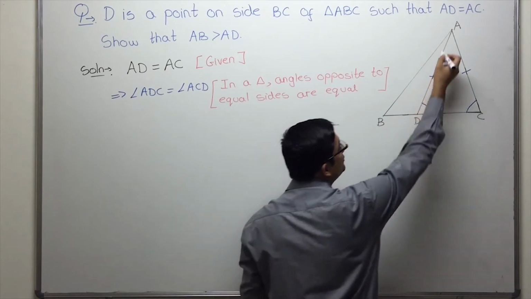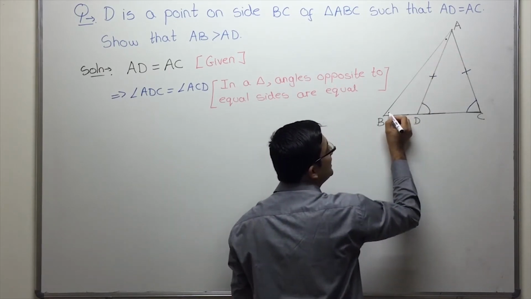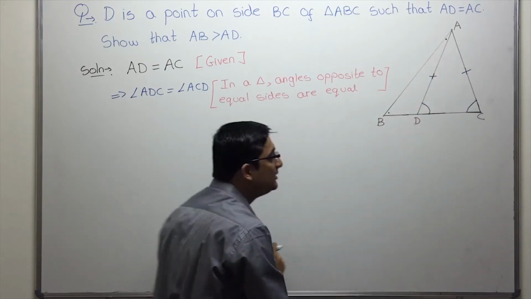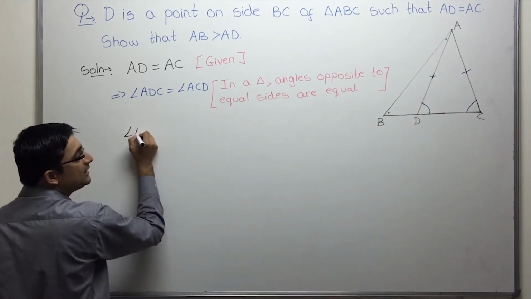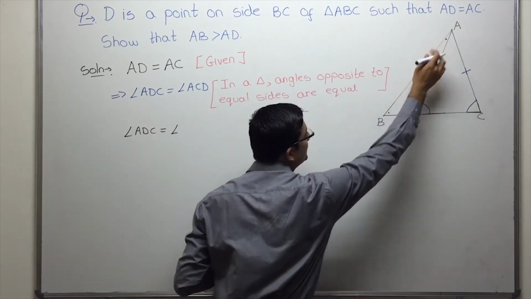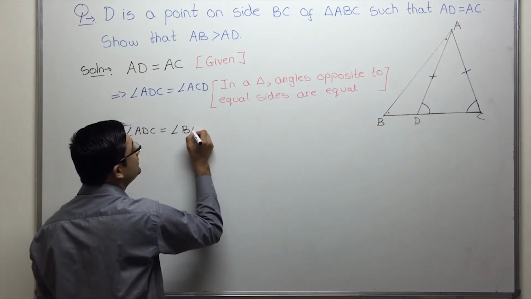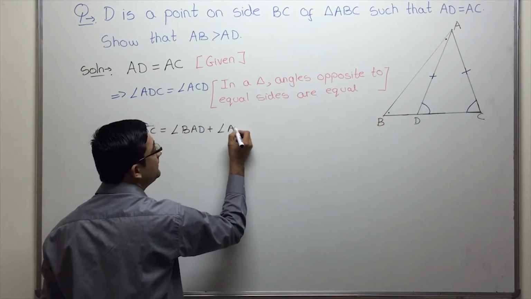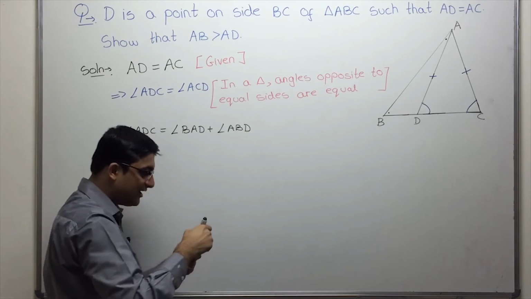This angle and this angle. That means this angle over here is equal to this angle plus this angle. So write it down. That is, angle ADC is equal to this angle over here, that is angle BAD, plus this angle over here, that is angle ABD. What is the reason? Exterior angle property.